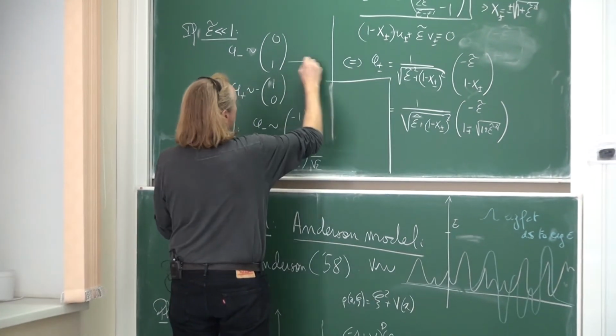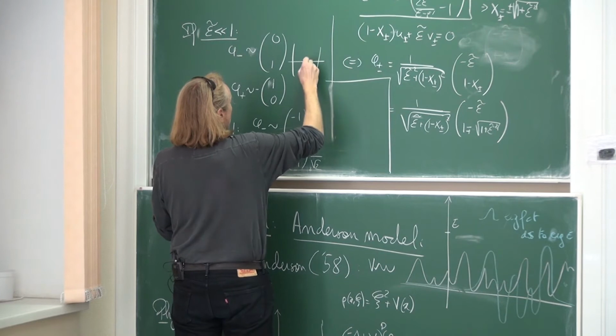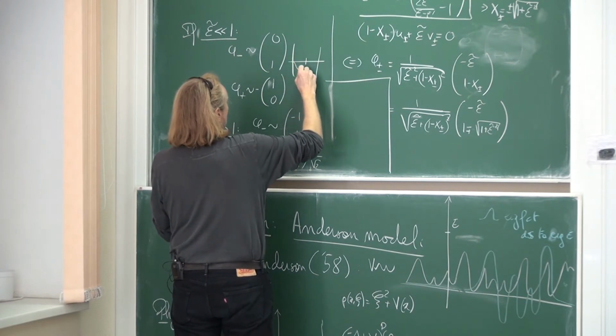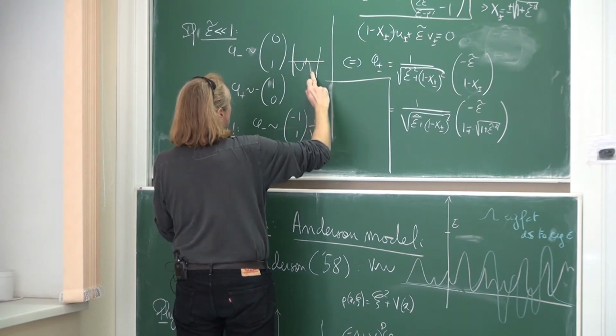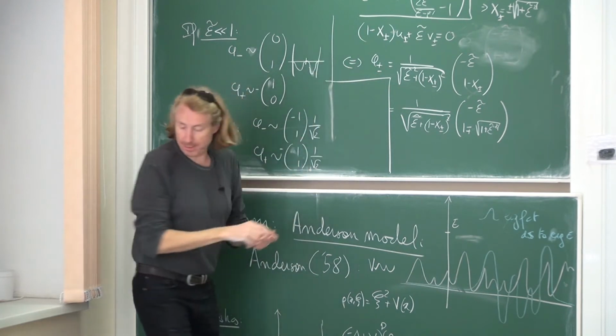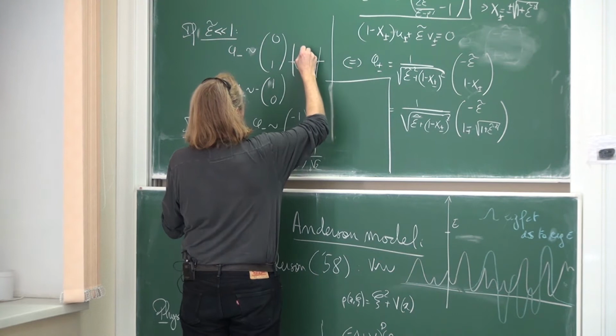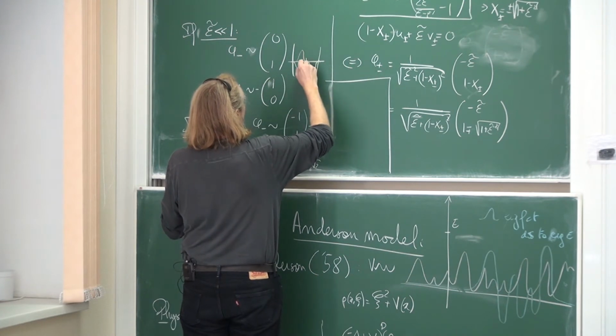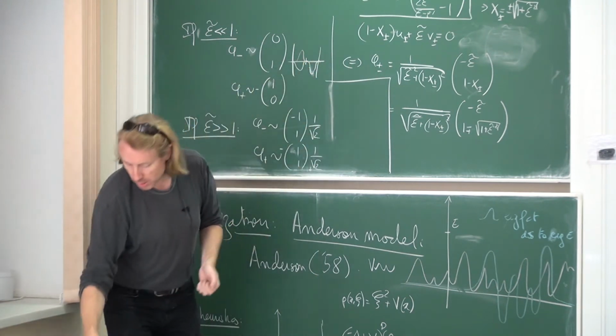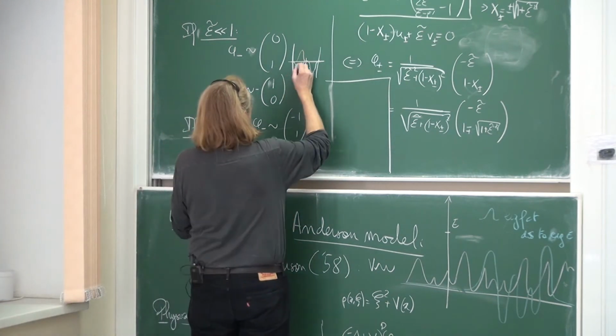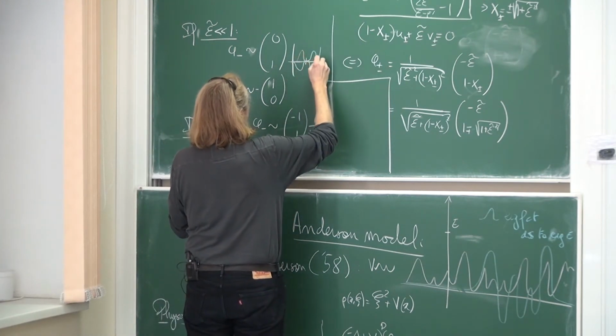So in this case, the new eigenfunctions, so here you have v prime, are still going to look like one of the eigenfunctions is here, and the other one, I draw it in blue just to make a difference, is going to look like this.